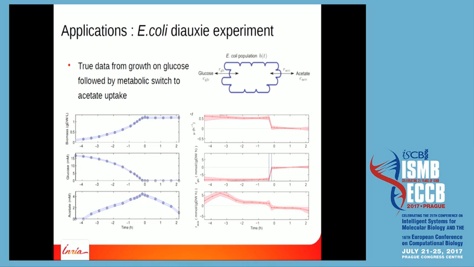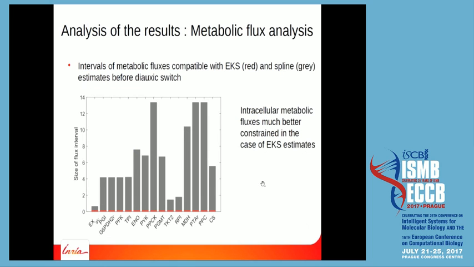Quantitatively, how can we check that these rate estimates make sense? Well, based on these rate estimates, we took the values estimated before the sudden switch of metabolic regime. We used those values to make a metabolic flux analysis and compare it with the equivalent analysis made on the basis of the smoothing of the signals operated by splines.